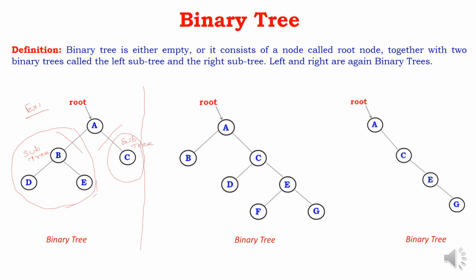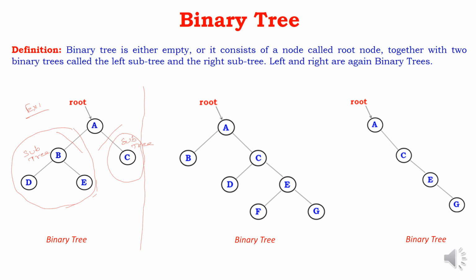So a node is there, the root node. The root node has a left subtree and a right subtree. Left is again a binary tree where B is the root of the subtree, D is left of the root, E is right of the root.